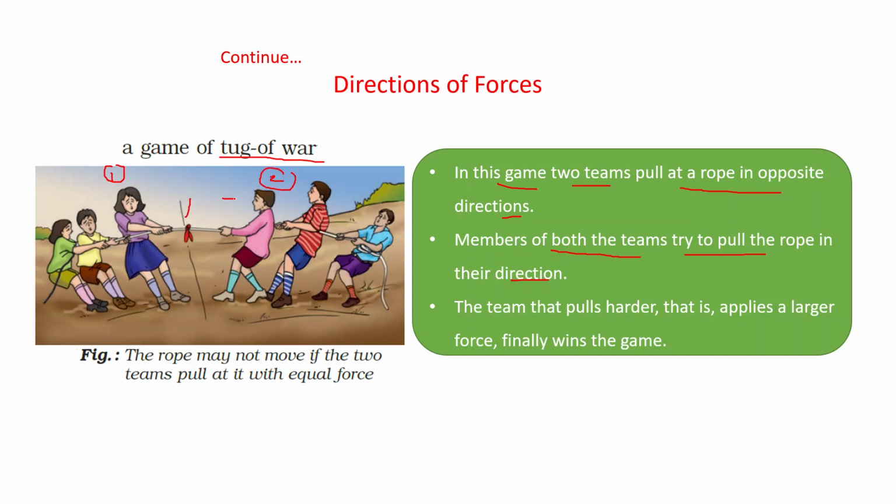This team is pulling to this side and this one to this side. Now who is the winner? The team that pulls harder, that applies a larger force, finally wins the game. And if opposite forces are equal, what happens? The rope may not move if the two teams pull at it with equal force.